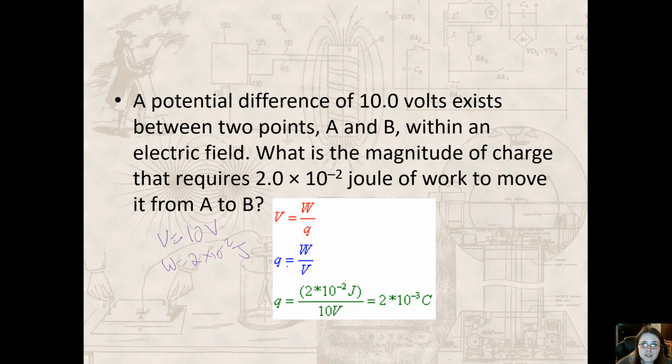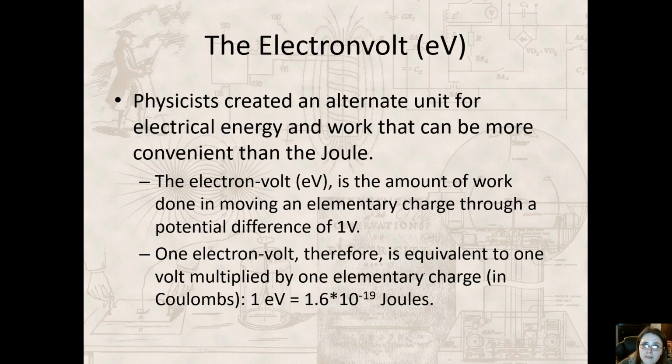So we just plug this in, and we're looking for Q, the charge, so it's V equals W over Q, and we just solve for Q, so it's 2 times 10 to the negative second joules divided by 10 volts is equal to 2 times 10 to the negative third coulombs.